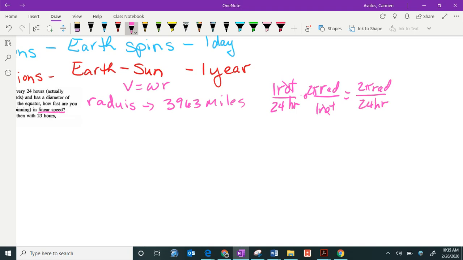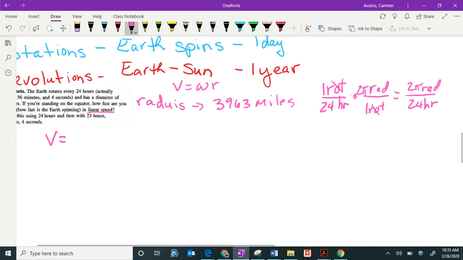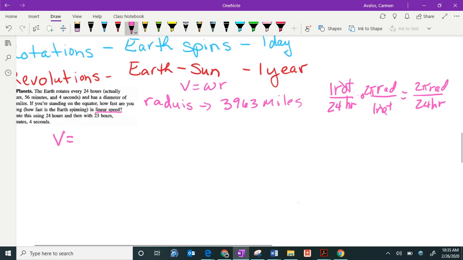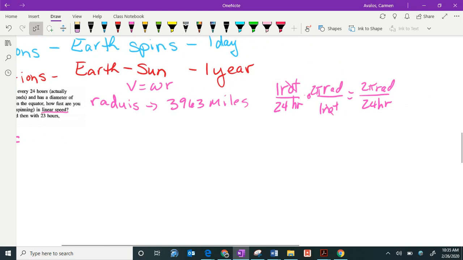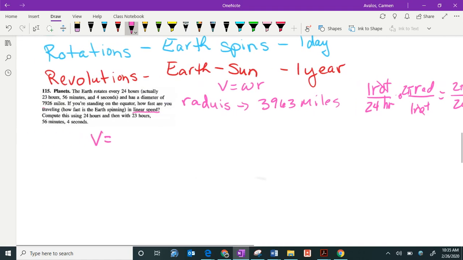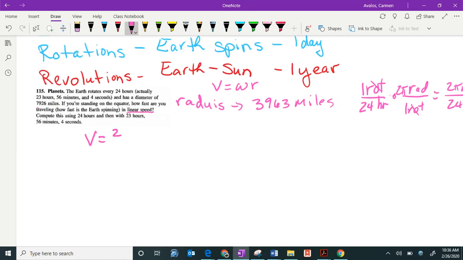One rotation is equivalent to 2 pi in 24 hours. Rotations canceled, changed to radians, and that automatically becomes our omega: 2 pi radians over 24 hours.